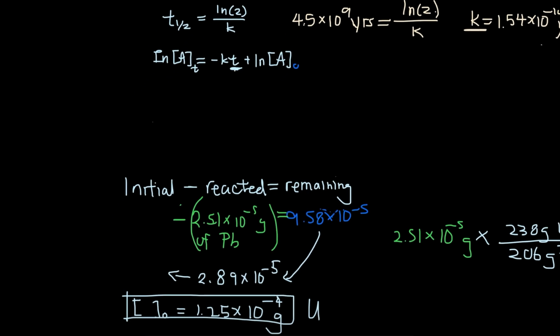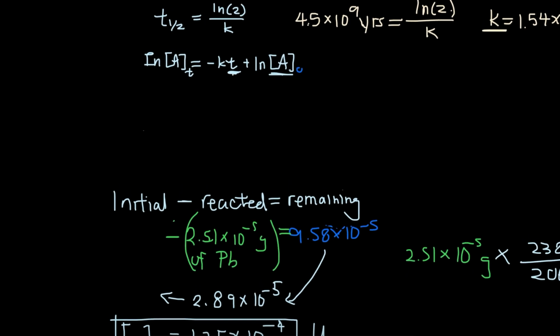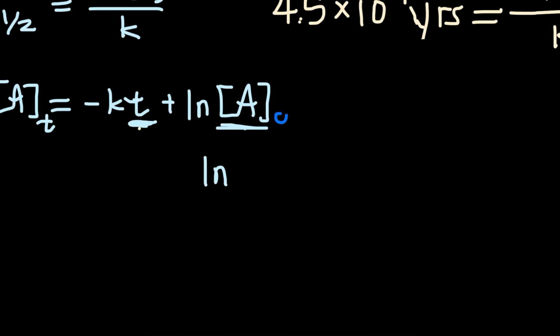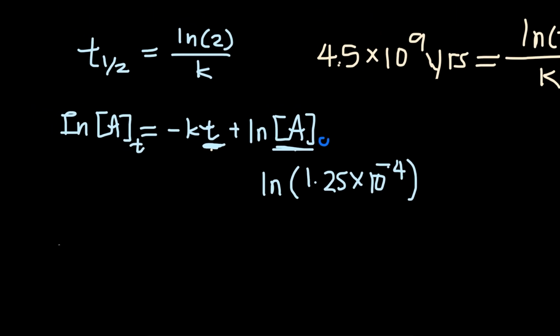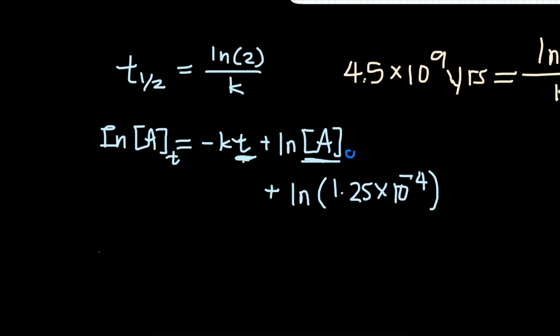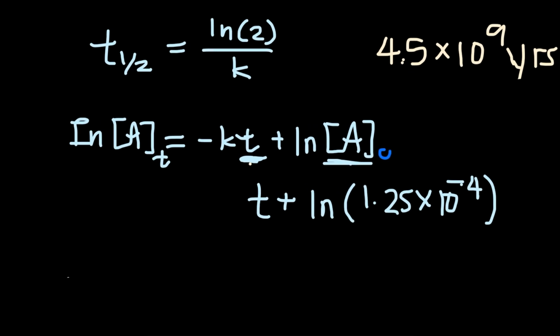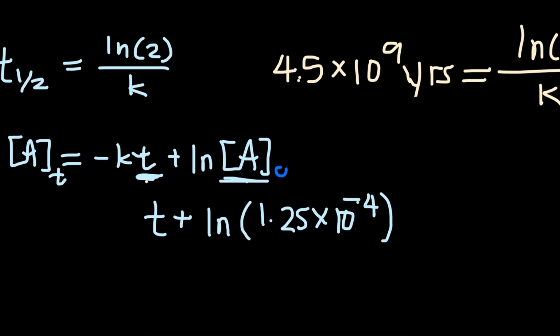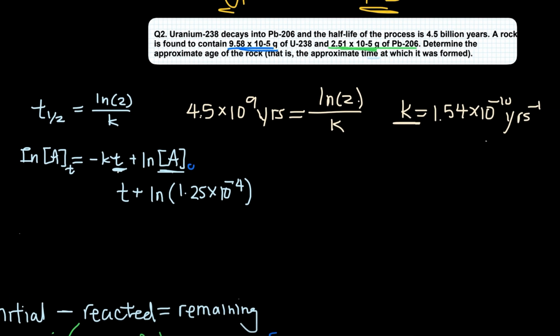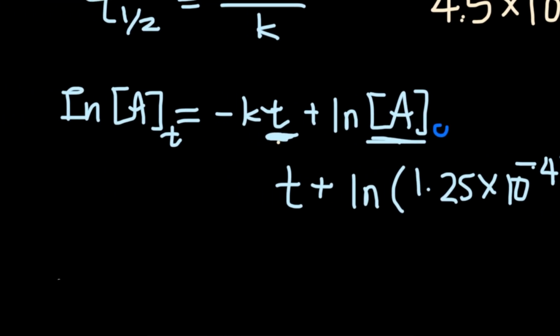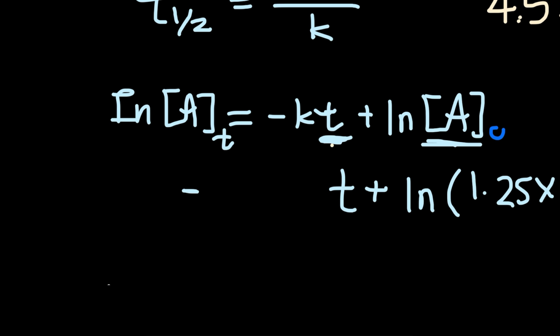So that means with the initial amount, we finally have something to put in here. And we're finding the t. We already know the value of k, 1.5 times 10 to the negative 10.